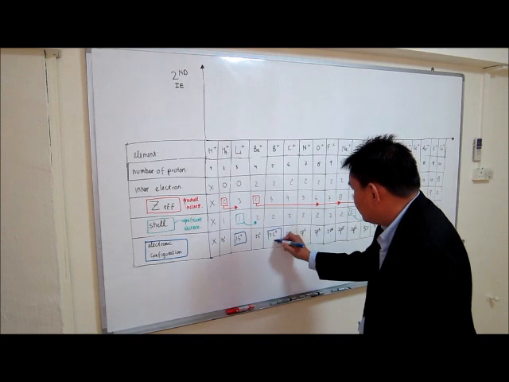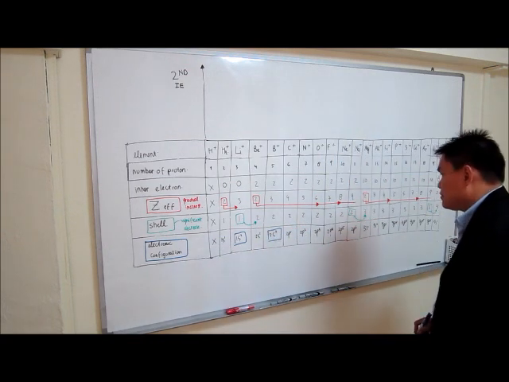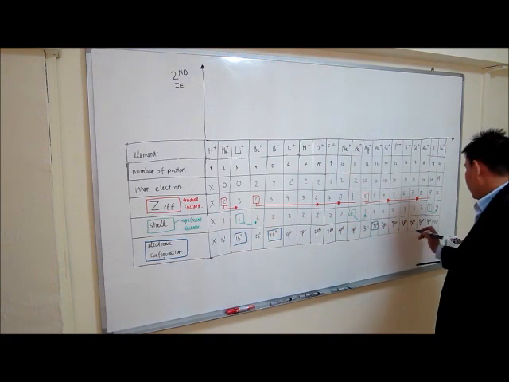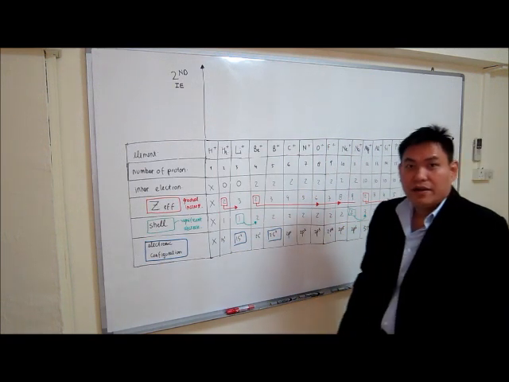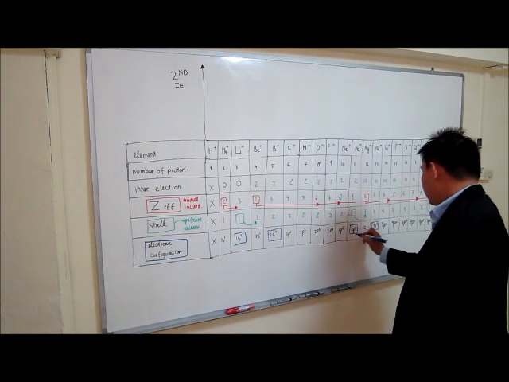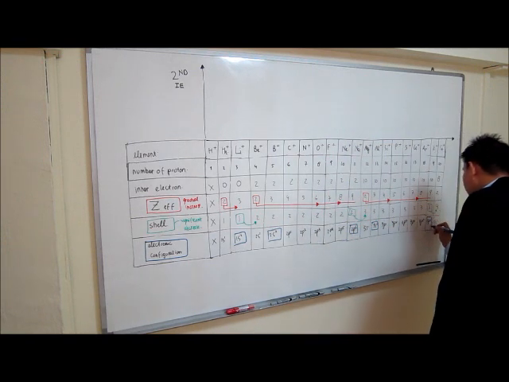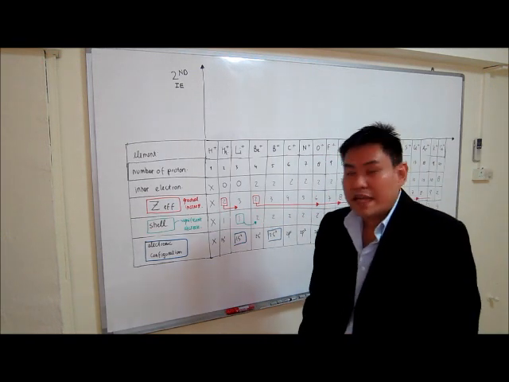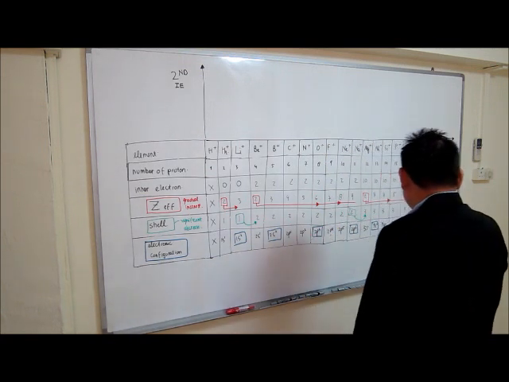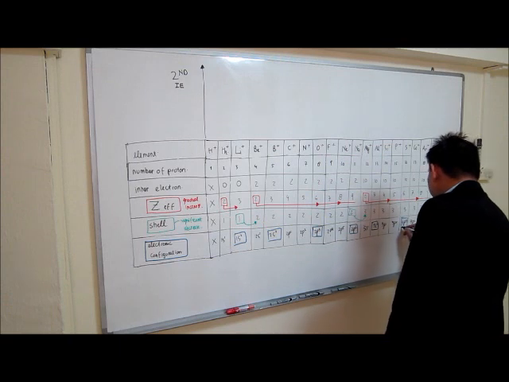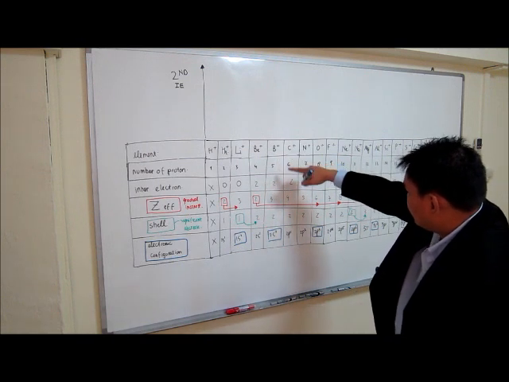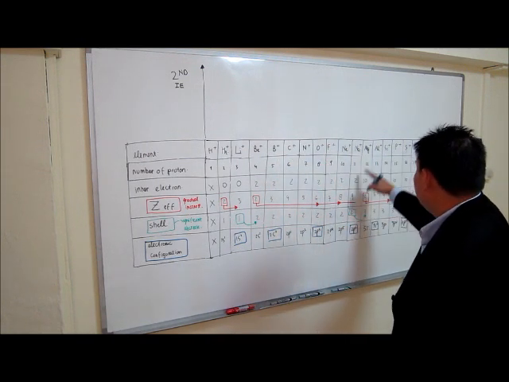Full s orbital, yes: 1s2, 2s2, 3s2. Full p orbital, 2p6 and 3p6. How about half full p orbital? 2p3 and 3p3. So all these are stable. Li+, boron+, O+, Na+, and so on.